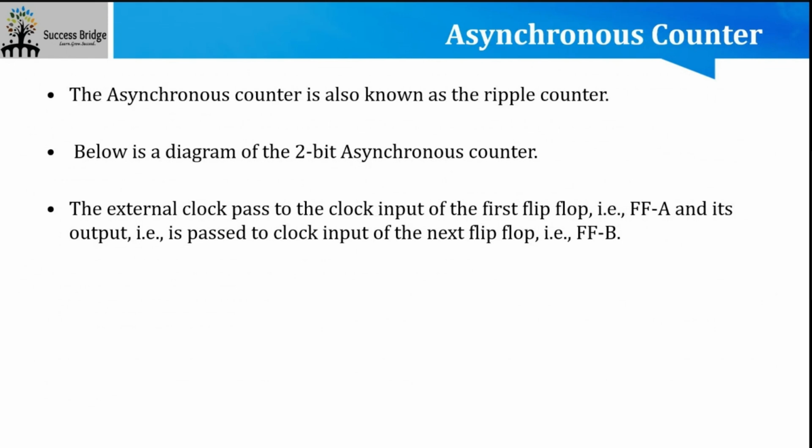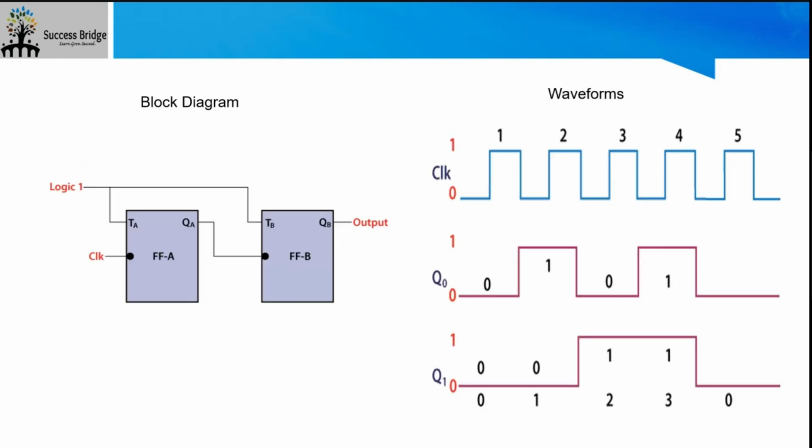So let's start with asynchronous counter. The data is not stable. It always depends on the previous flop output.